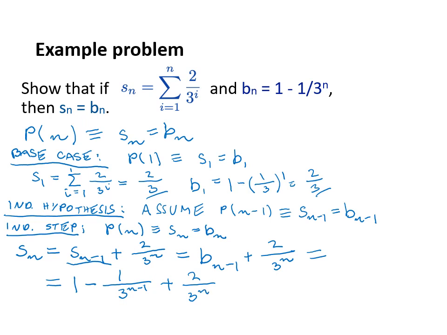Okay, and so that is equal to, we somehow want to add these together, so we get 1 minus 3 to the power of n, and here we have 3 plus 2.